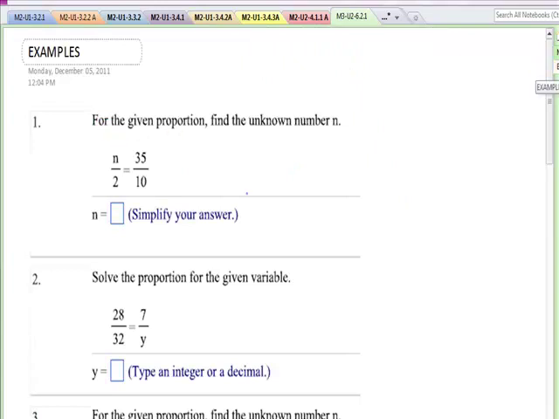All right, we're going to jump right in and solve proportions. The first one, I have n:2 as 35:10. Step 1, do the cross product that involves the two numbers. So I have 2 times 35, and that product is 70.